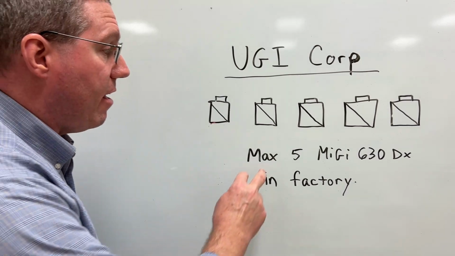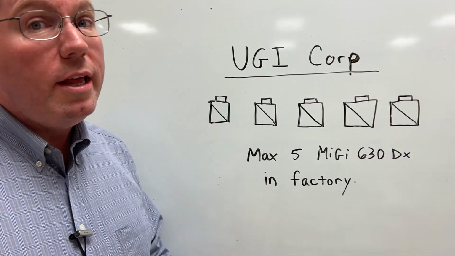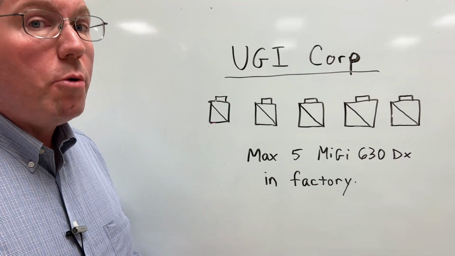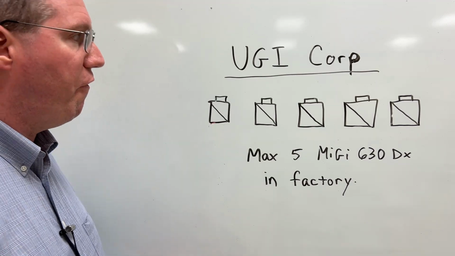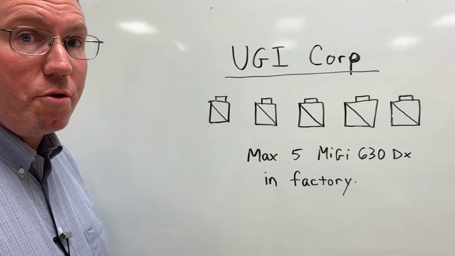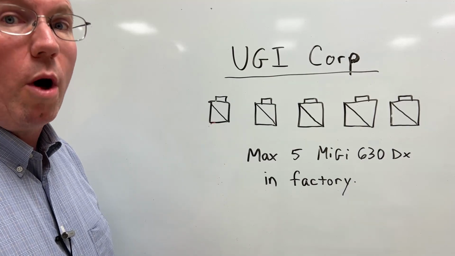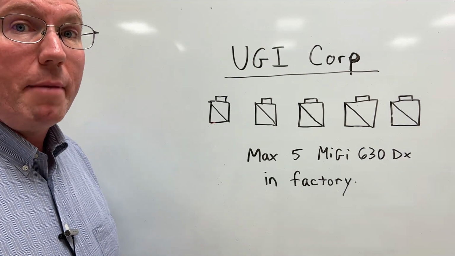They can fit a maximum of 5 of them. They only have so much space, so they've arranged their factory just so they can fit in 5 of these machines and produce as much quantity as they can, so that they can earn revenue and make a profit.